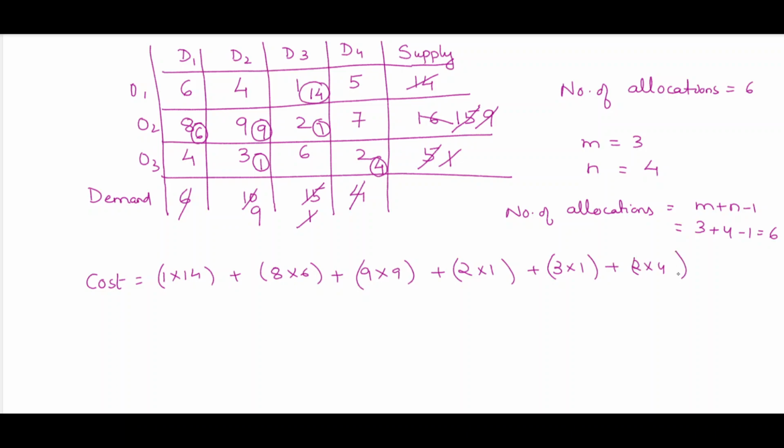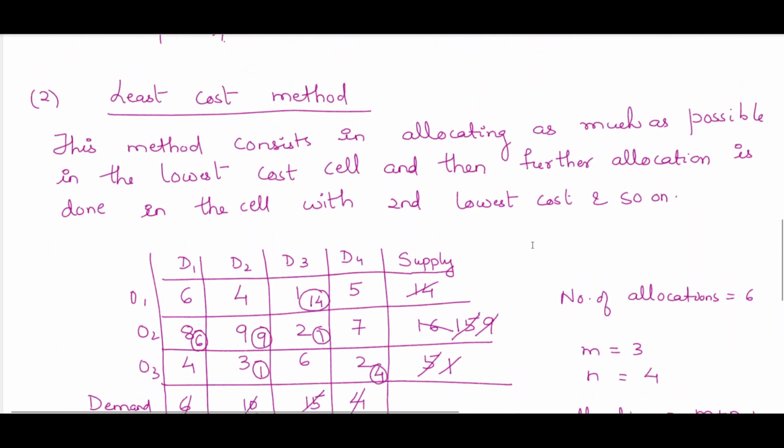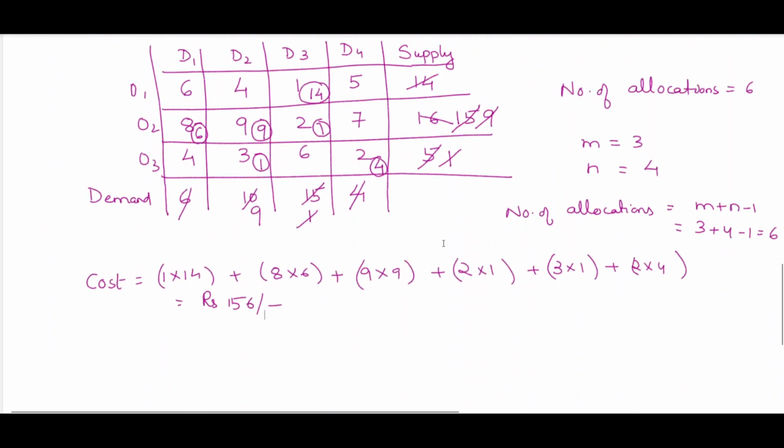So it will be around rupees 156. So you can see the same problem is solved by two different methods, giving two different answers. In the northwest corner method it was 128, and in the case of the least cost method it is 156.